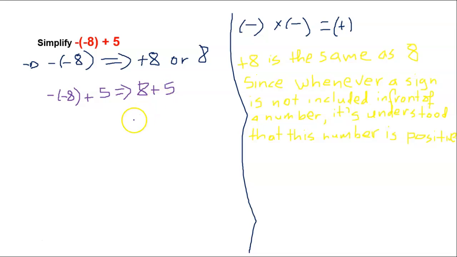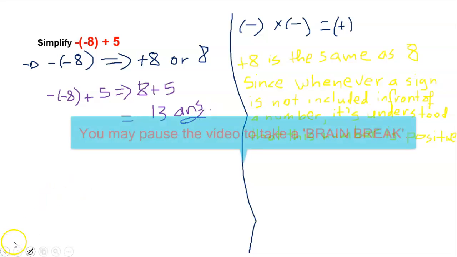And positive 8 plus 5 equals 13, so our answer equals 13.